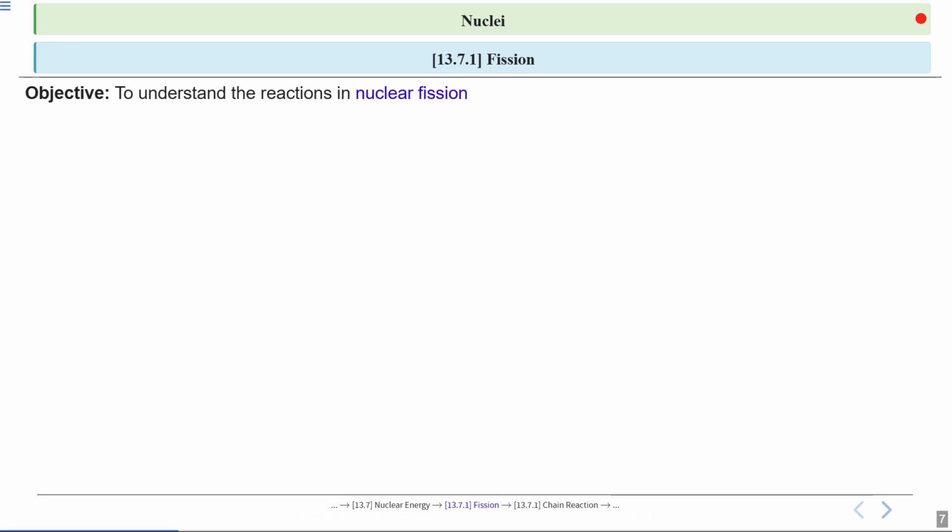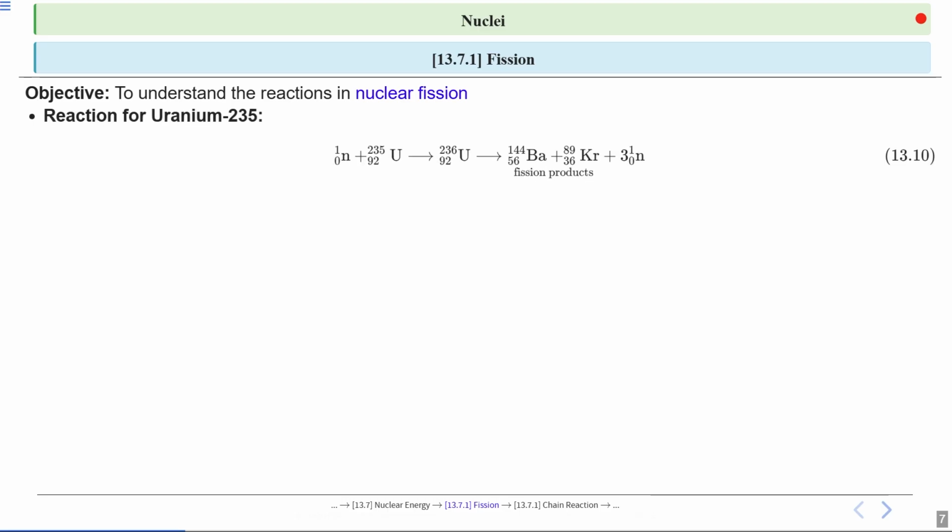Let's understand the reactions involved in nuclear fission. Now let's look at the specific reaction for uranium 235 when a neutron, which we write as n with mass number 1 and atomic number 0, hits a uranium 235 nucleus. It forms uranium 236, which is unstable.